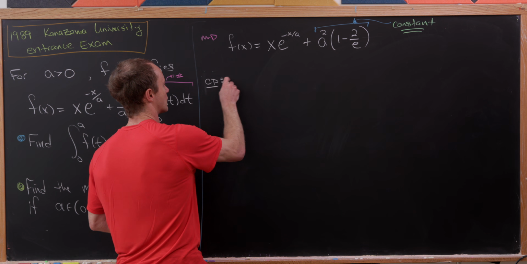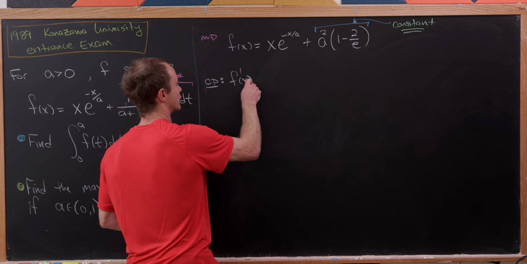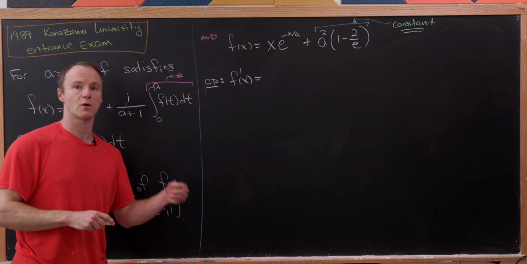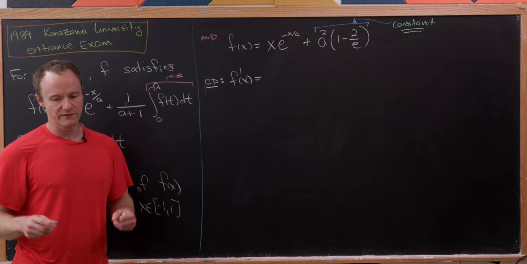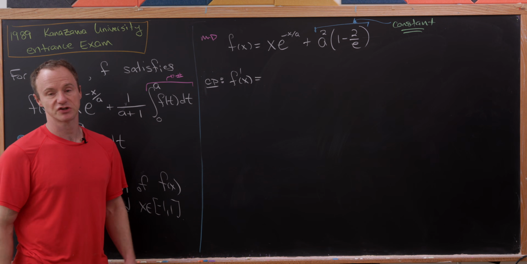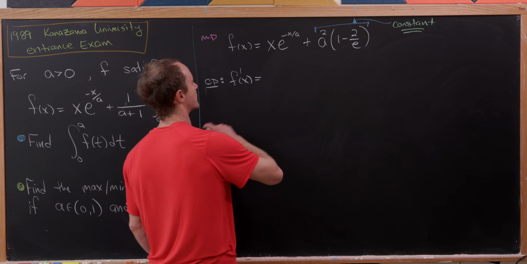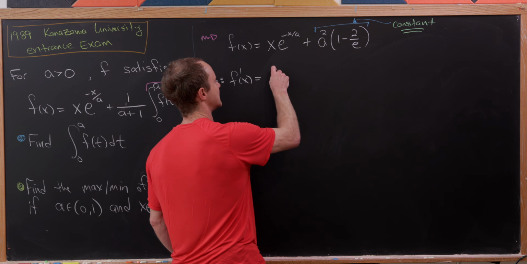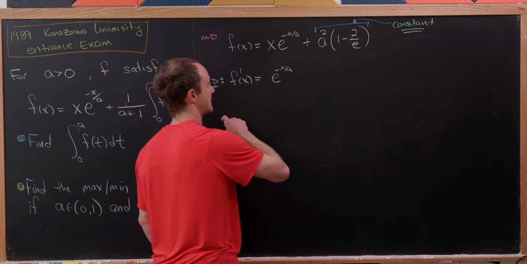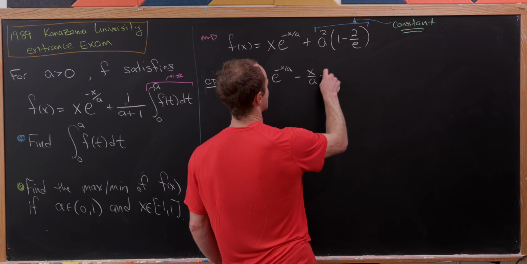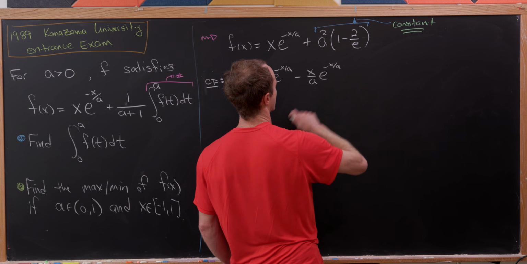Okay, so in order to find the critical points, we need the derivative of our function. Remember, the critical points are where the derivative is 0 or does not exist. The derivative will exist everywhere for this function, so we just need to know where the derivative is 0. Now, using the product rule, that's going to give us e to the minus x over a, and then minus x over a times e to the minus x over a.